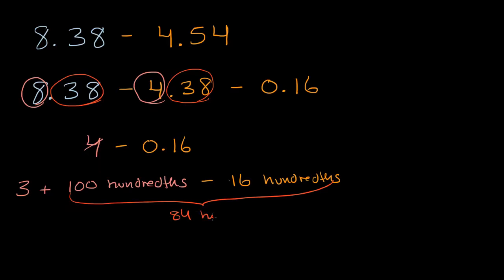I'll write it out. Hundredths, which I can write as 0.84. And 3 plus 0.84, well, we figured it out already multiple times, is 3 and 84 hundredths.